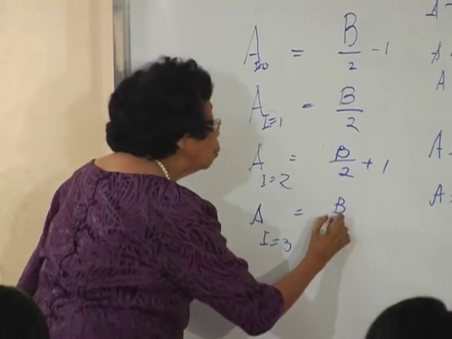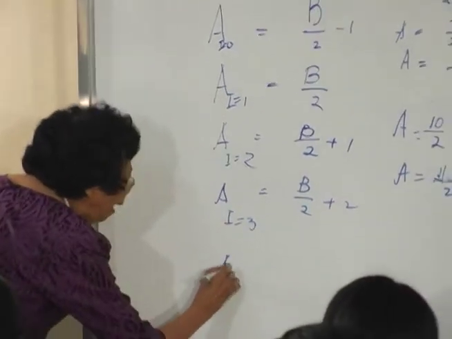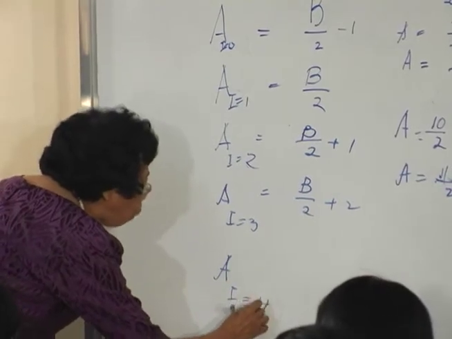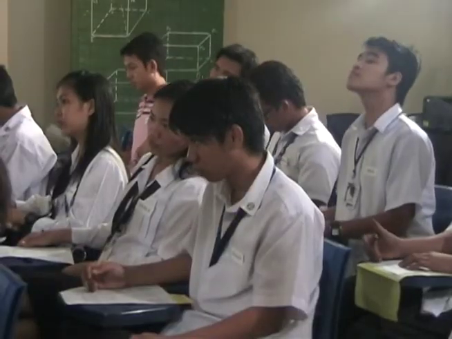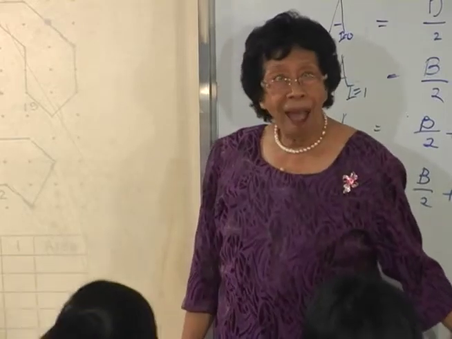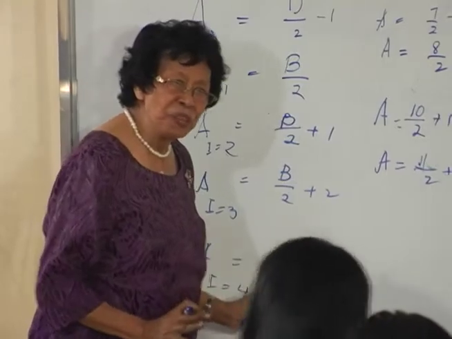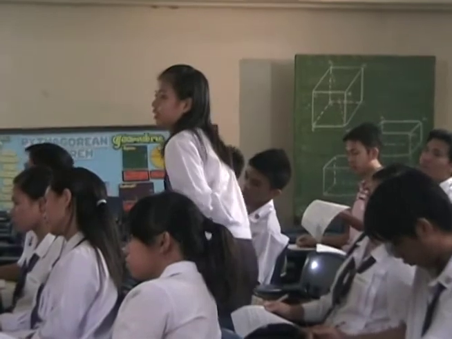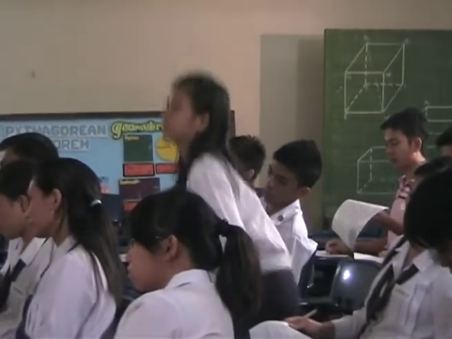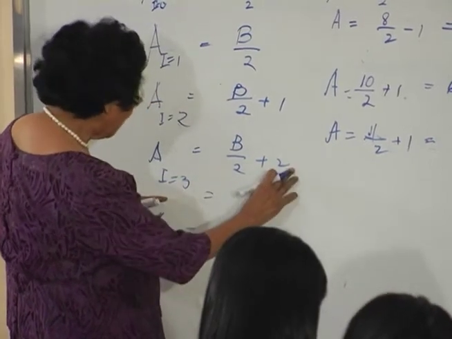B over 2 plus 2. Aha! What if it is A for I equals 4? I'll see if you can see the pattern. Look at 18. Yes. And then we will see if there's a pattern. Donita, B over 2 plus 2. Equals? Is that for here? 4? B over 2 plus 3. This one was for that.